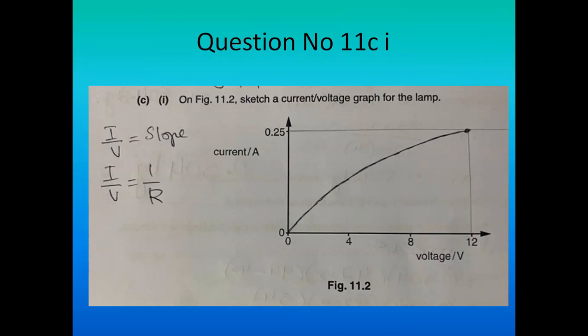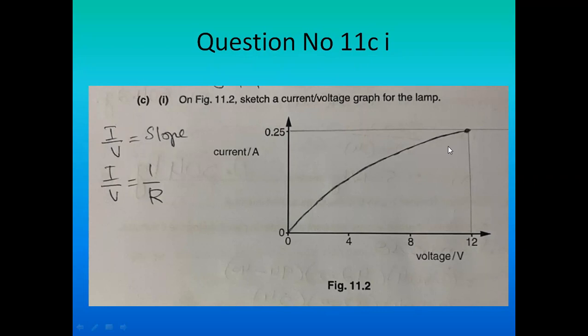So the gradient of this graph should gradually become smaller and smaller, because the slope is the reciprocal of the resistance. So gradually the slope should decrease, which means that the resistance is increasing. So the graph should look like this.